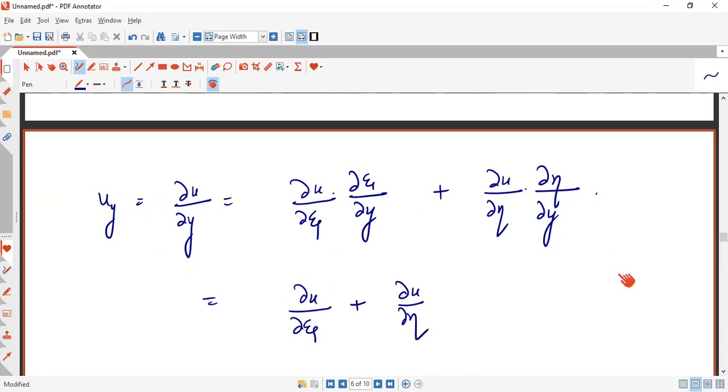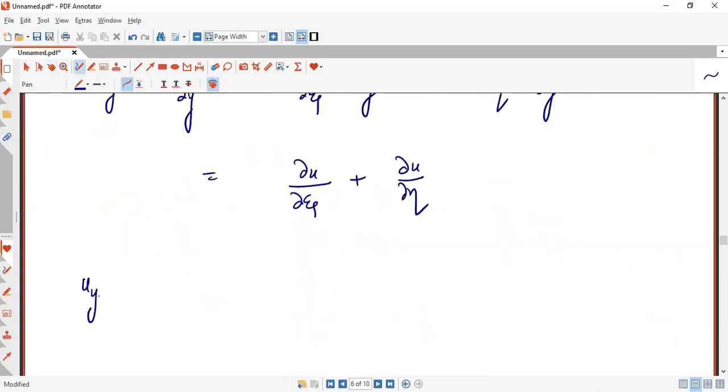Moving forward, finding uyy, we now have ∂u/∂ξ. You have to differentiate with respect to ξ and with respect to η both. So let's do it with respect to ξ. You get ∂ξ/∂y.